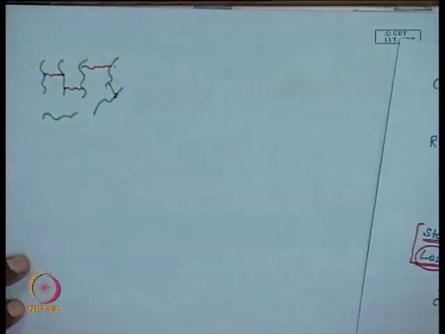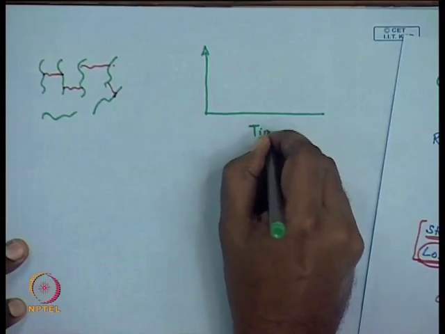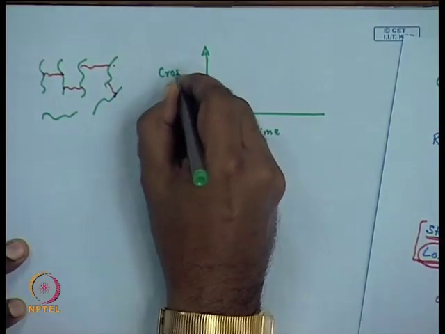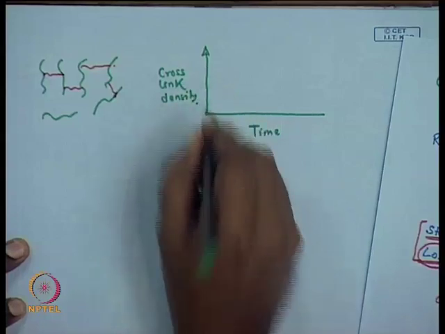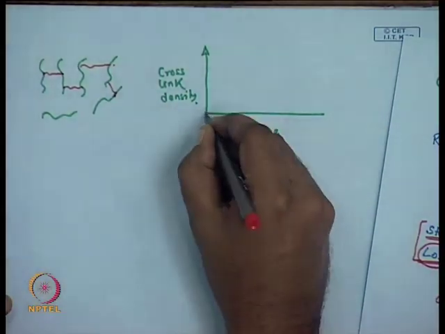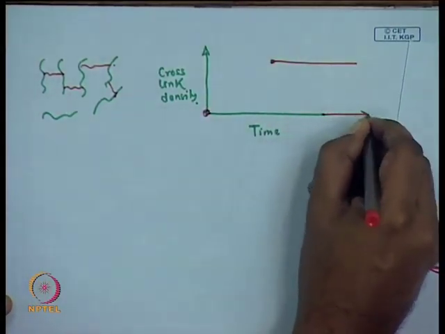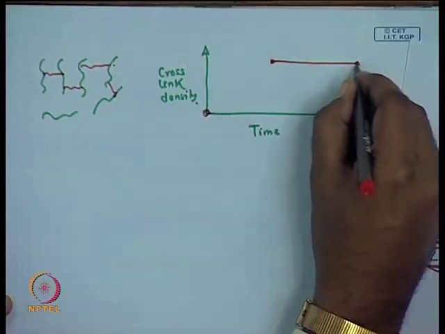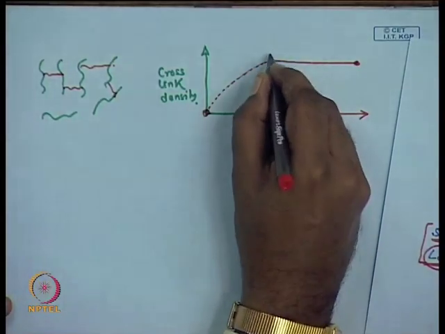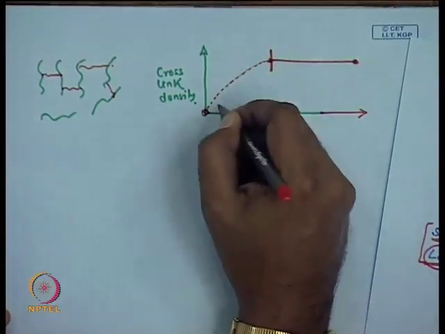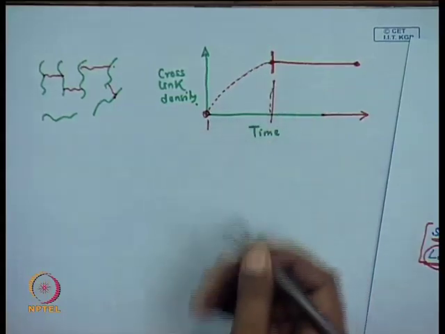Or in other words, if you plot the cross linking density with time, initially it is 0 and it reaches a final value, after which it does not change with the time of annealing. The intermediate stage is where there is a gradual increase in the cross link density.